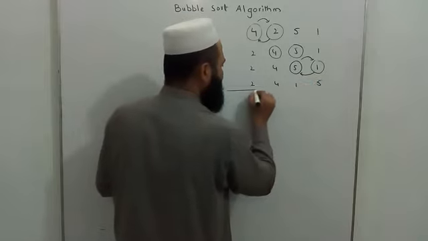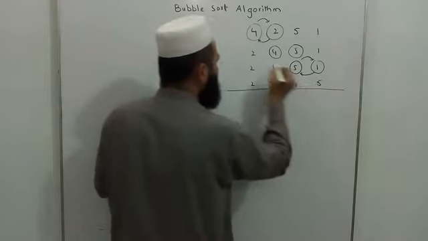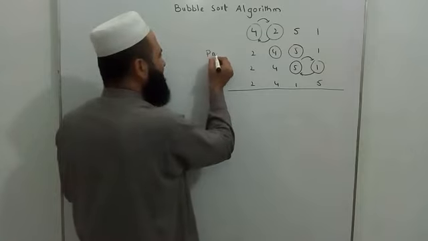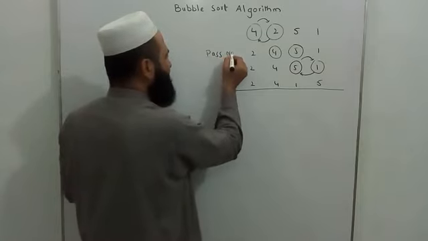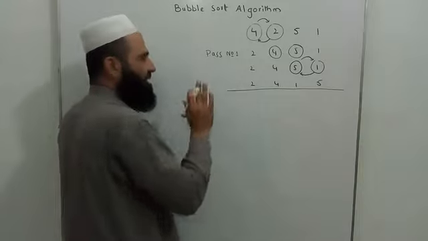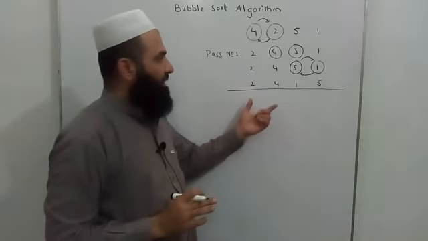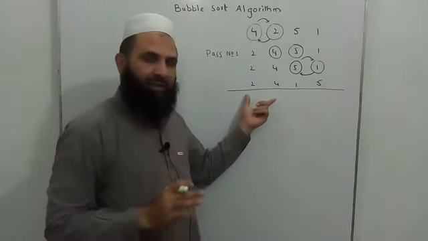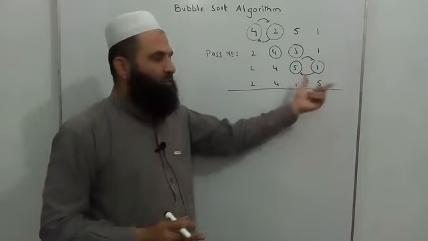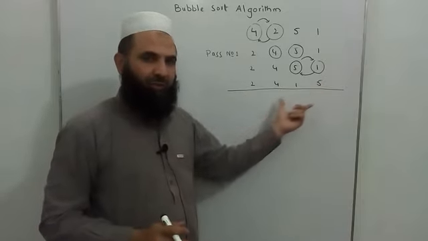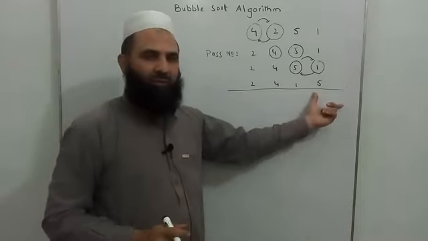And this is called the first pass, pass number 1 of the bubble sort algorithm, in which the largest element moves to the last position, or bubbles up to the last position.